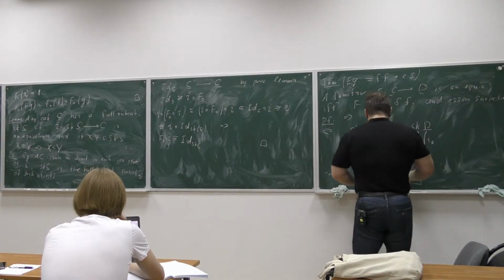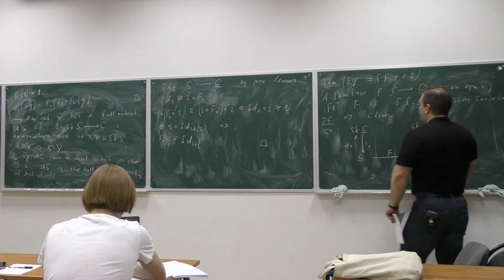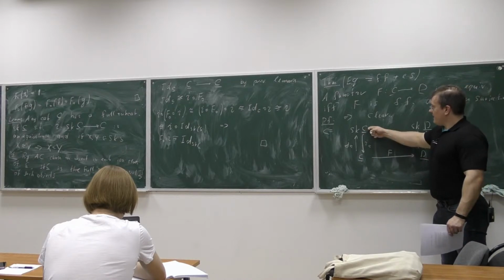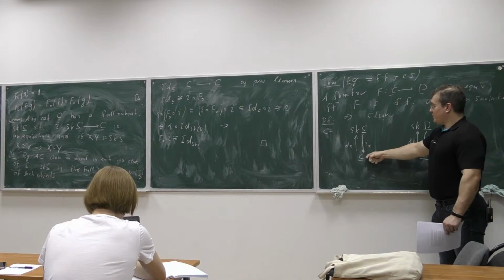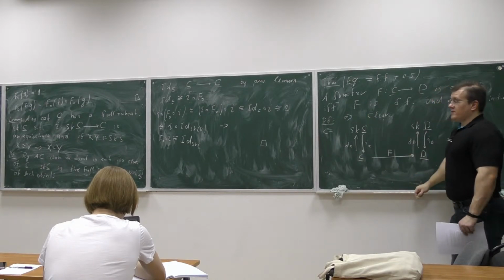Okay, so here we have some functor f. Well, we have an equivalence of two categories, the skeleton of C and C. So in one direction, the functor is just the embedding, and there is a functor in the other direction from the definition of the equivalence of categories.